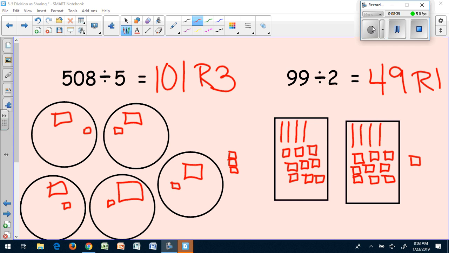Your answer should be 101 remainder 3 and 49 remainder 1. Great job!